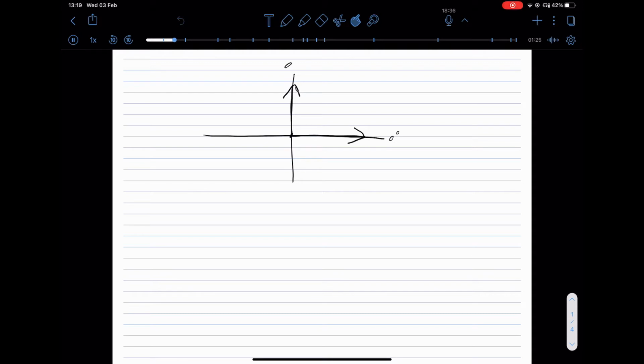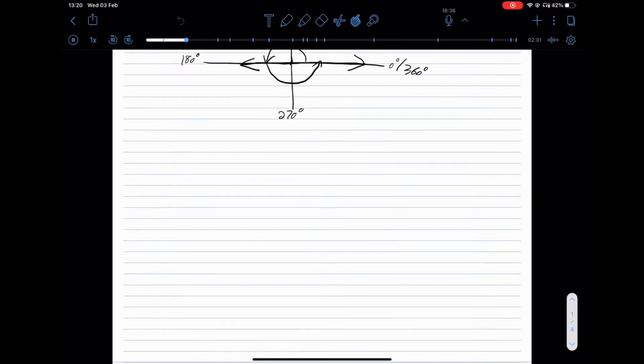Similarly, if we draw an arm that way, that would be 180 degrees. And you can show the same for this one to be 270. And this, again, is a full revolution, so it's also 360 degrees. So 0 degrees or 360, however you'd like to look at it.